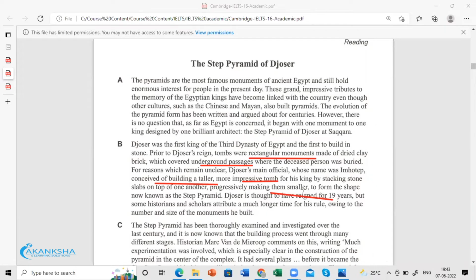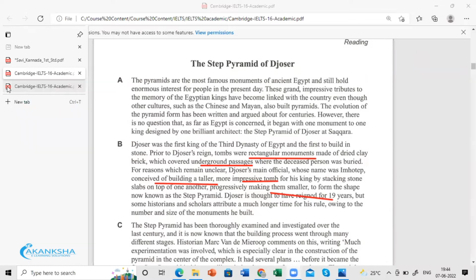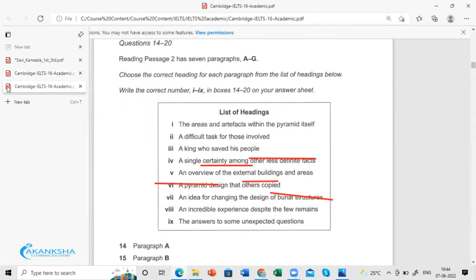So for this, we may have to go a little inside the paragraph to observe what kinds of words are used here. And the words used here confirm to us that they are talking about an overview of the things, like how in fact they are and what kind of buildings we have.